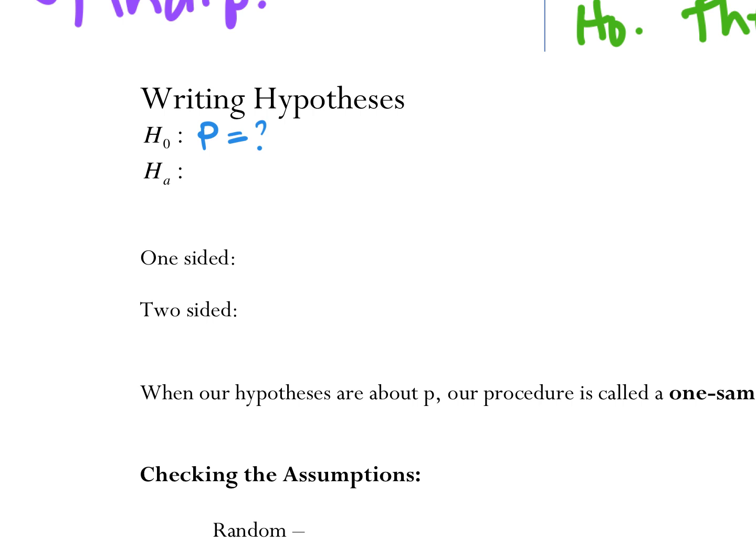Our alternative is going to be one of three things. P is greater than that question mark. P is less than that question mark. Or if we don't want to make a choice, we can say P is not equal to that question mark. There will never, ever, ever be an equal sign anywhere in our alternative hypothesis.